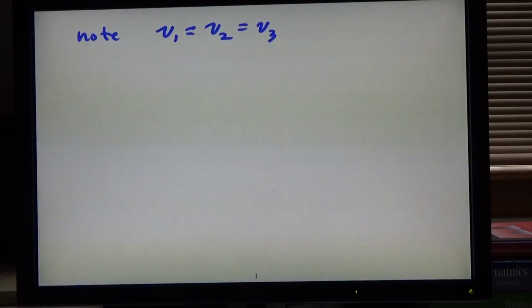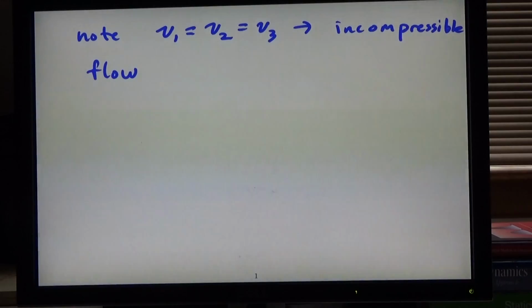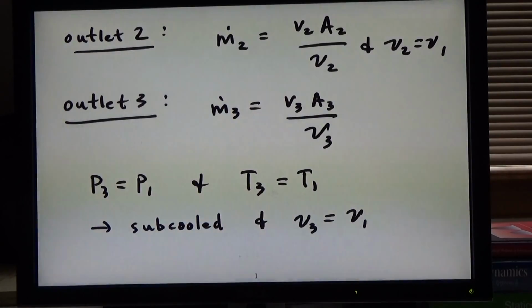It's called incompressible flow. All that means is that we have a liquid flowing through the system the entire time, and the specific volume is constant. If we have incompressible flow, we also noted that there was an additional equation that we could use, and we're actually going to use that later to solve the problem as well. But for now, we don't really have to know that in order to solve this problem.